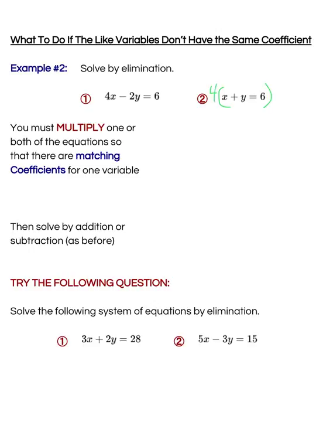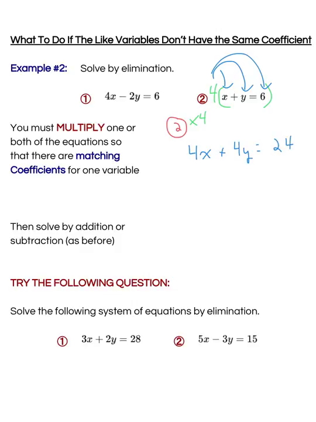And notice that when I do that, I'm going to have a new coefficient for each of my variables. I'm going to rewrite that equation. I've taken equation number 2 and I've just multiplied it by 4. I'm going to write that out just to keep me organized. My new equation, when I multiply that 4 into every part of that equation, is 4x plus 4y equals 24.